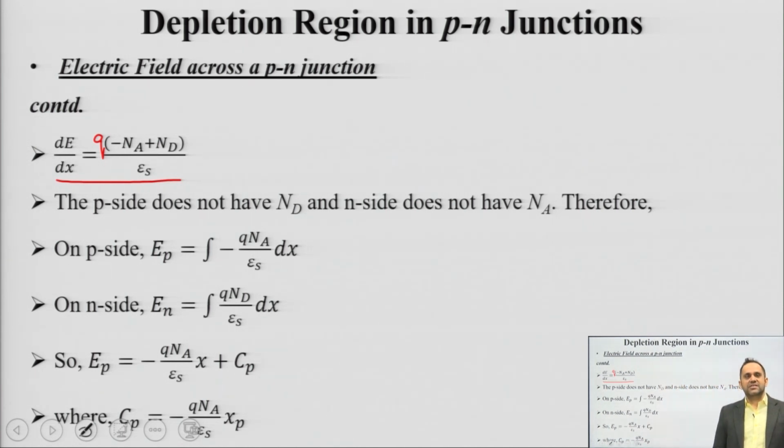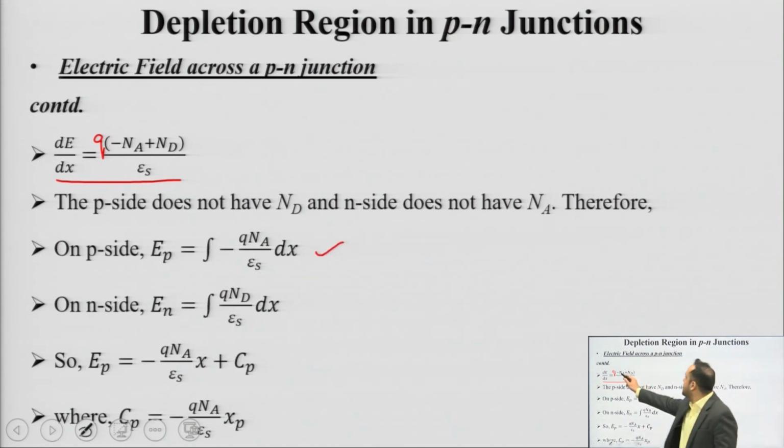Now, the P side does not have donor ions and the N side does not have acceptor ions. To get the total expression of electric field, I need to first analyze for the P side of the junction, then the N side of the junction and combine these two and you will get the net electric field. So, on the P side you only have acceptor ions, the minus sign is coming from here.